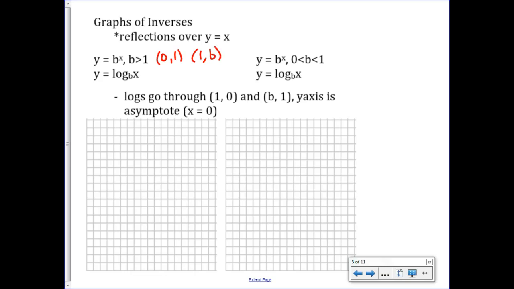So over here with logs, they go through (1, 0) and (b, 1). And you'll notice that both of these are talking about the same thing. We're talking about where b is greater than 1, and then where b is between 0 and 1. So we're not going to have much scale here since we don't know what our b value is.